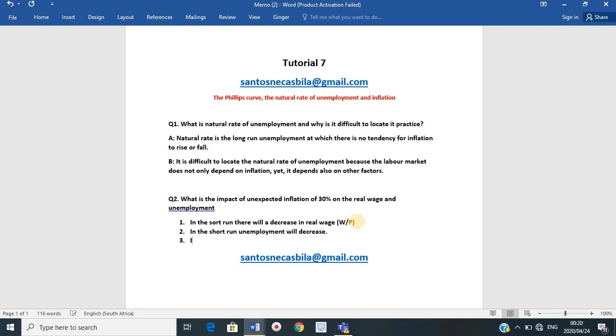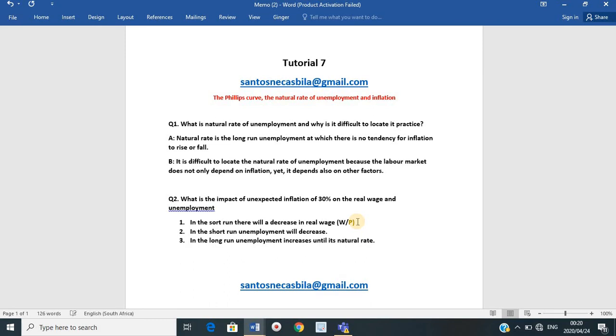Very good. So we can just say in the long run, unemployment increases until its natural rate.